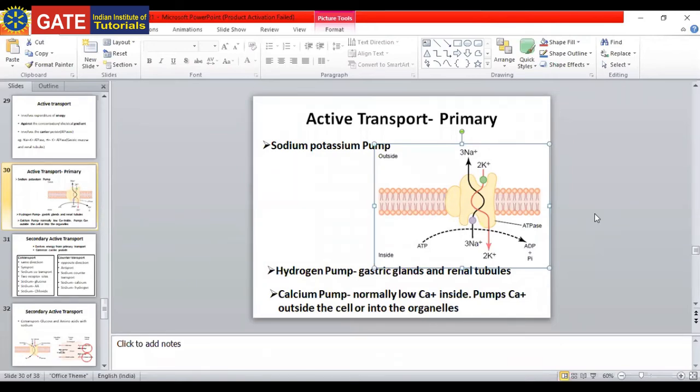So it is against the gradient, for which we require energy. In passive transport, the sodium will move from outside to inside. In active transport, sodium will move from inside to out. Now you all tell me what happens to potassium.